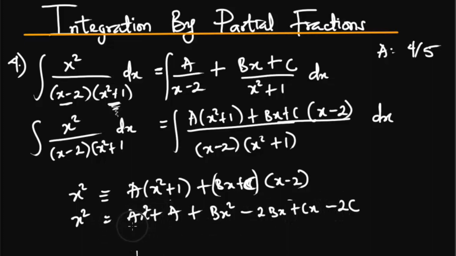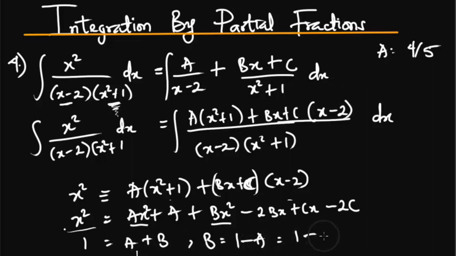And so comparing the coefficients of x squared, we can see that 1 is equal to a plus b, and a is 4 over 5. So b equals 1 minus a, and that is equal to 1 minus 4 over 5, which is 1 over 5. Okay, so I'm going to write it here. b is equal to 1 over 5.